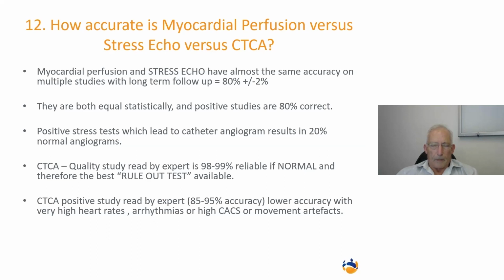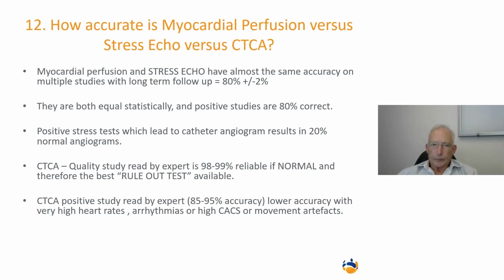However, if the test is negative, we can miss disease, because in both MIBI and stress echo, you're firstly not visualizing the artery. Some small vessels will not present as ischemia on the stress test because there will be collateral supply from other areas.